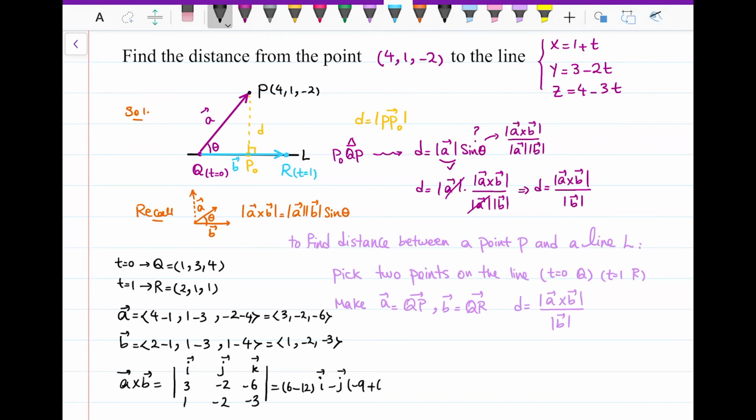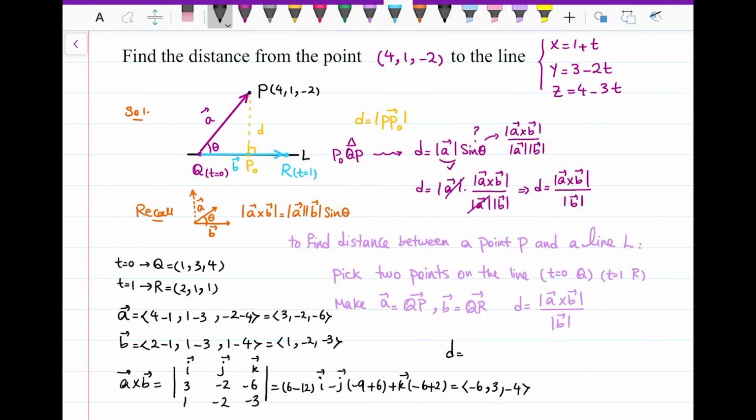It would be negative 6, so it would be plus 6, and then plus k, and the minor would be 3 times negative 2, which would be negative 6, minus negative 2 times 1, which would be negative 2. So this vector in here would be negative 6. This is negative 3. I have another negative, it would be plus 3, and then I get negative 4.